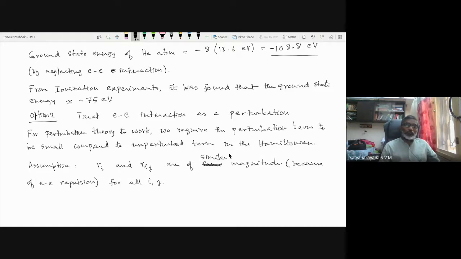This is something reasonable to assume because there is electron-electron repulsion. Now, once we make this assumption, the magnitude of this term, that is the sum over i equal to 1 to Z of Ze square by r_i, can be said to be of the order of Z square.